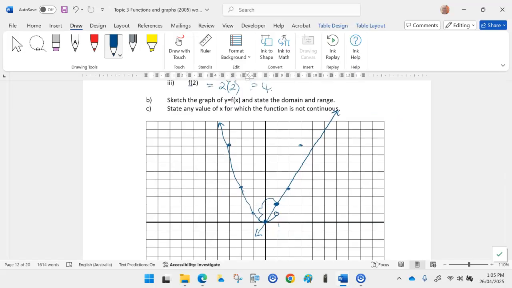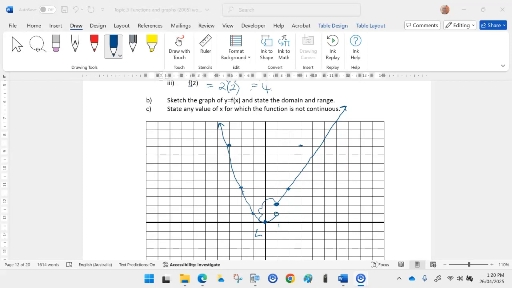Right there. So there's only a portion of that line that I need. So I can go back and get rid of all that and just draw in this bit for x greater than or equal to 1. Start there, go through there, like that.